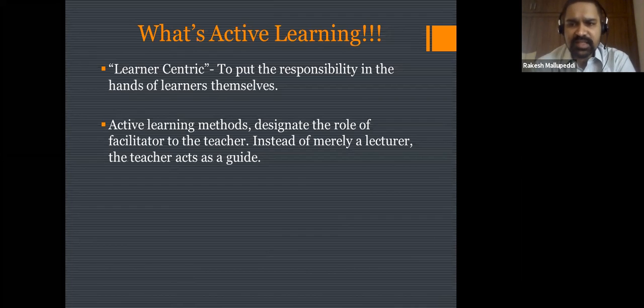Today the relation between student and teacher has grown to be more than just a teacher and a student. The teacher is acting as a facilitator, a mentor or a guide, where there is a lot of sharing of ideas between both parties.